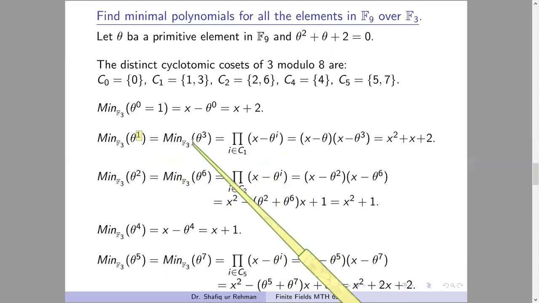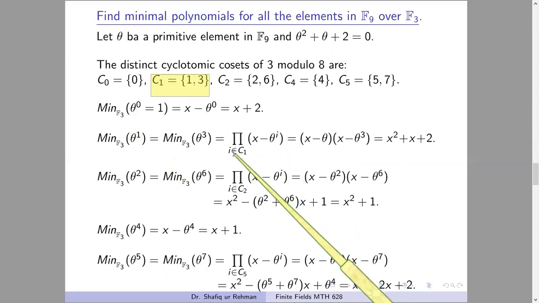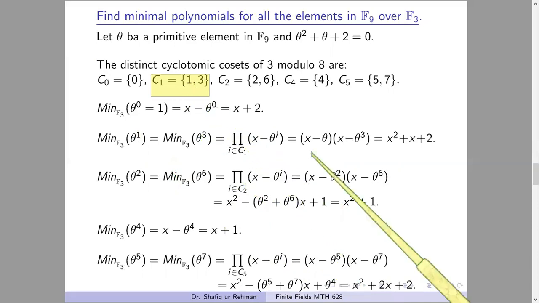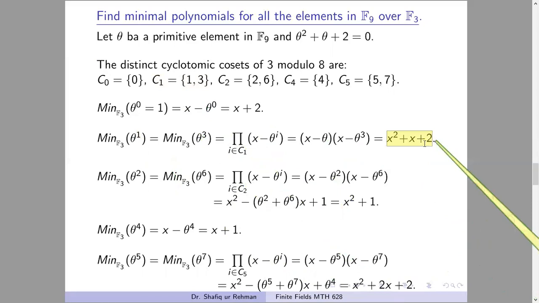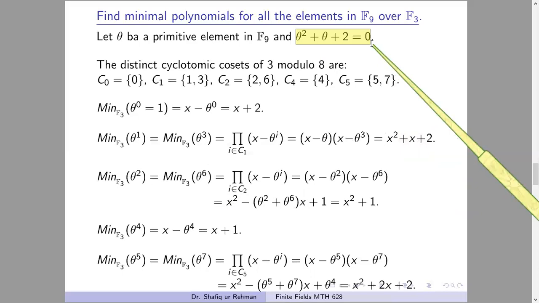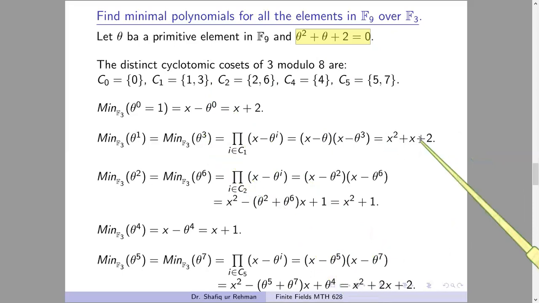Because C1 and C3 are equal, they have the same coset, so there is no problem. By using the values of i from this set, we will get this product, and surely we will get this polynomial, because we know that theta power 1 has this minimal polynomial. Therefore, because they are in the same cyclotomic coset, theta cube also has this same minimal polynomial.